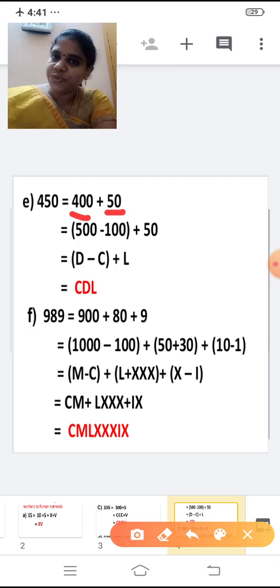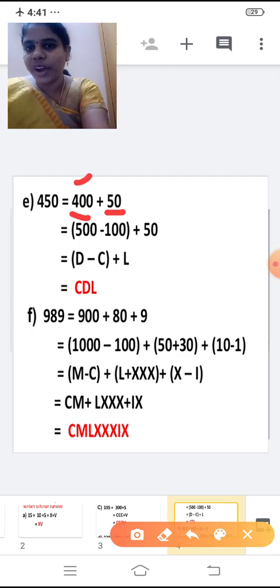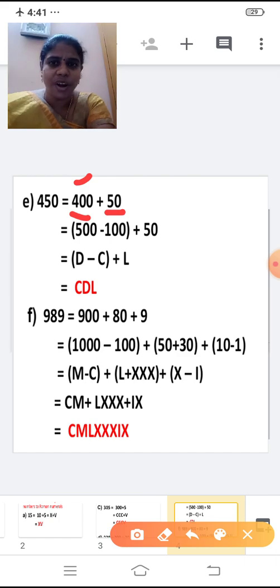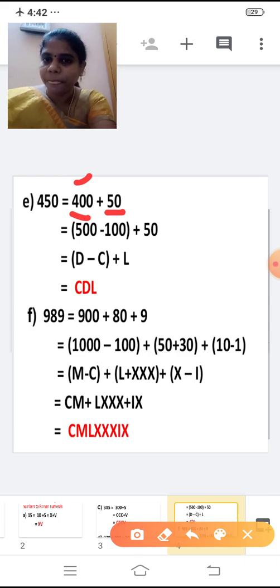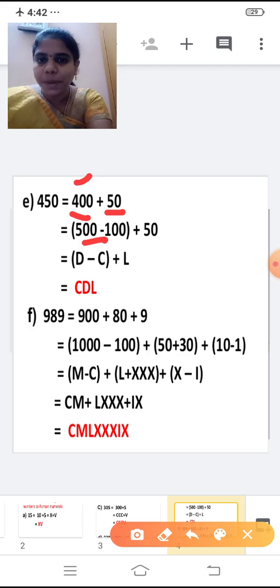Now we are going to write the Roman numeral for 400. How to write 400? 500 minus 100. I'm splitting 400 into 500 minus 100, which is 400, right? So 400 is 500 minus 100 plus 50.